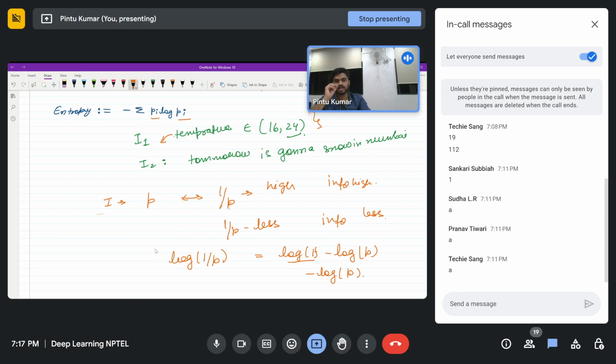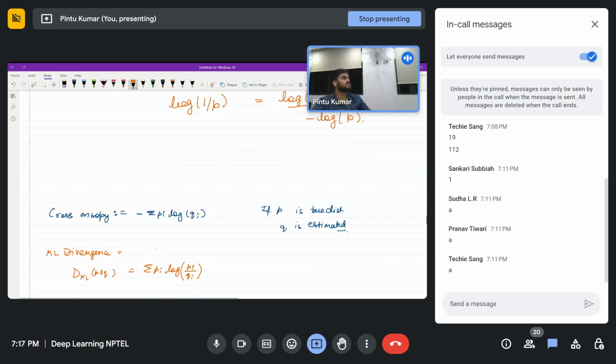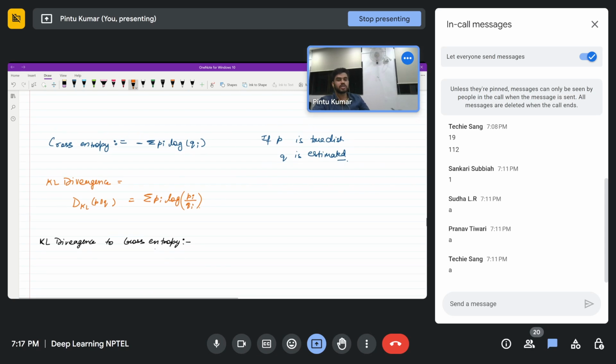So if you have some random variable x, which takes values xi with some probabilities pi, then the entropy is given something like this. Okay, so this entropy is not of much use in a deep learning setup, but we study it because cross entropy is a very natural extension to it. Okay, so what is cross entropy?